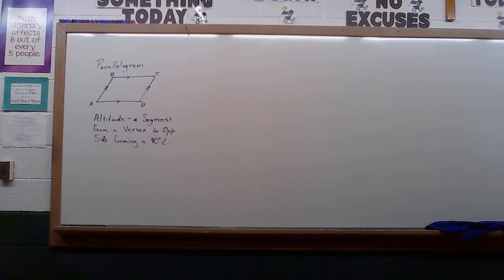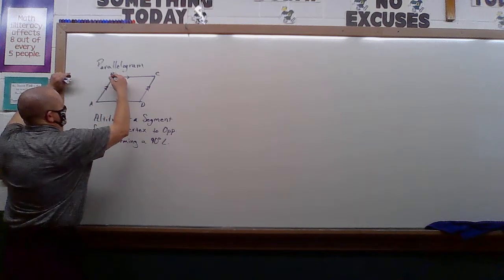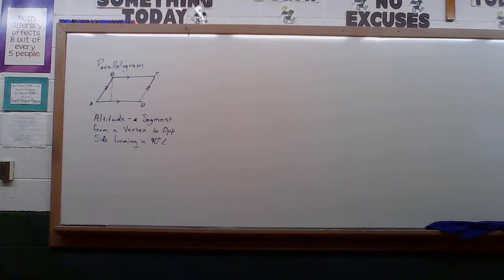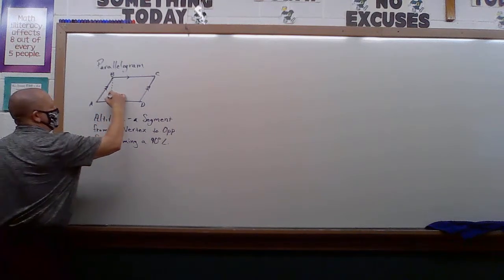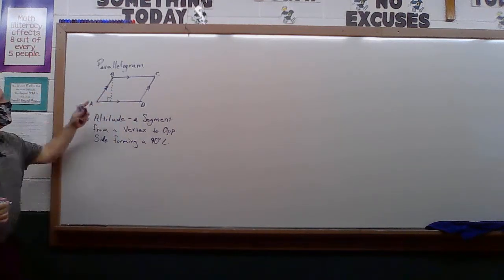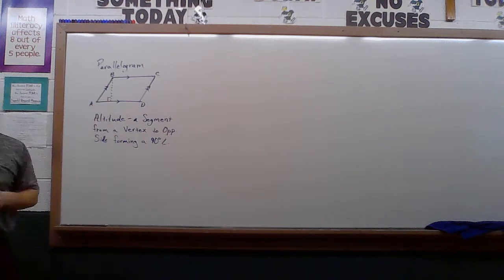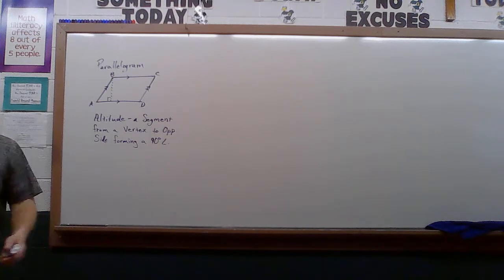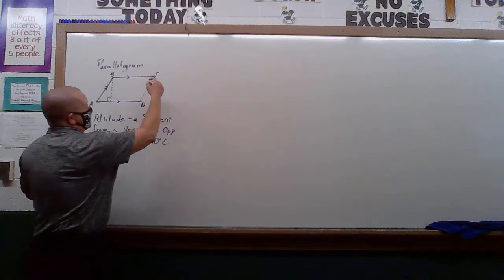So a lot of times, when we talk about altitudes here, they show altitudes by drawing them as dashed lines. Okay? And how we know this is definitely an altitude, it comes from a vertex, and it makes a 90-degree angle, like Kenzie said. Now, realize that I could sometimes do this on the outside, right?